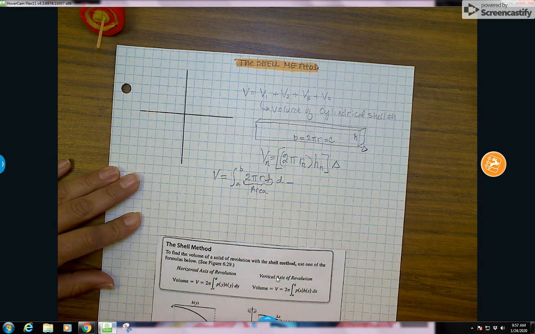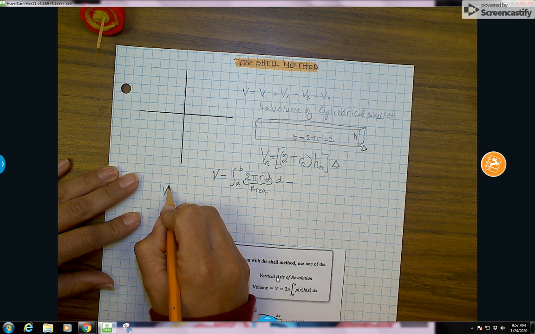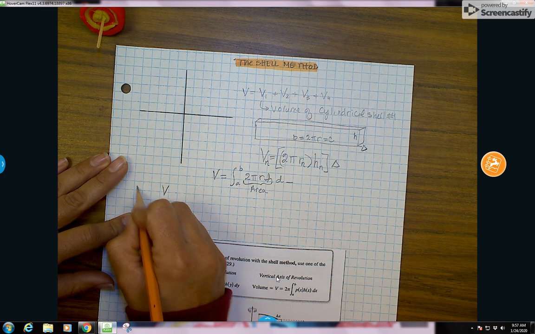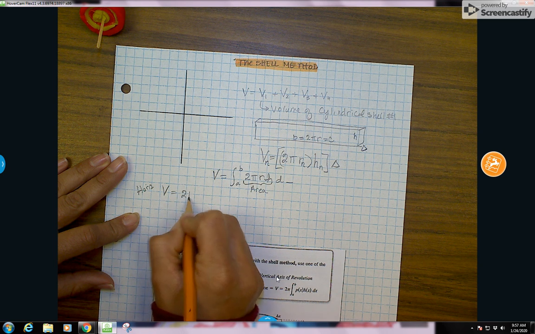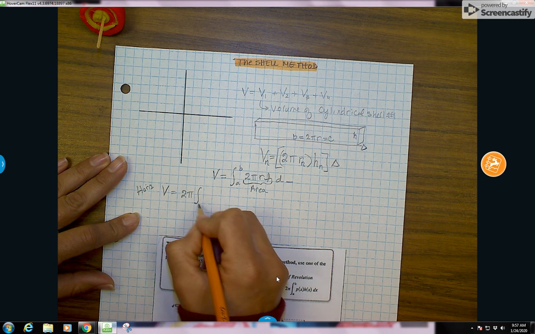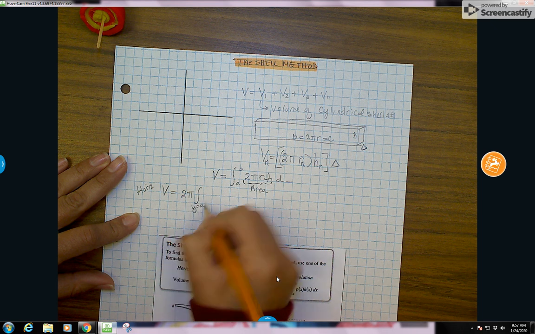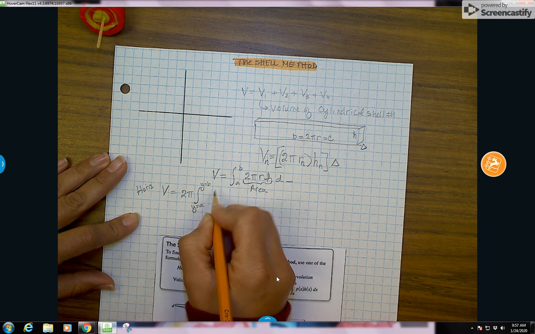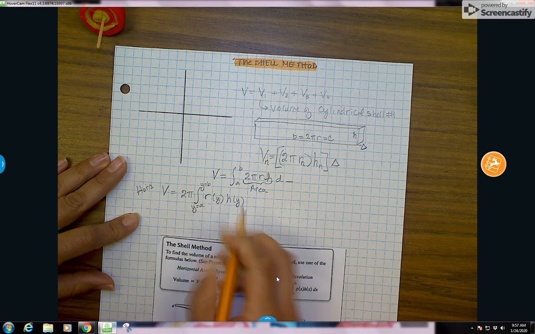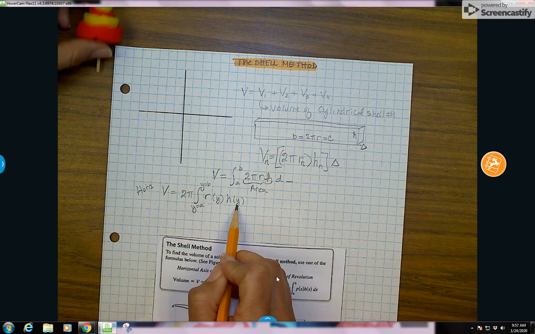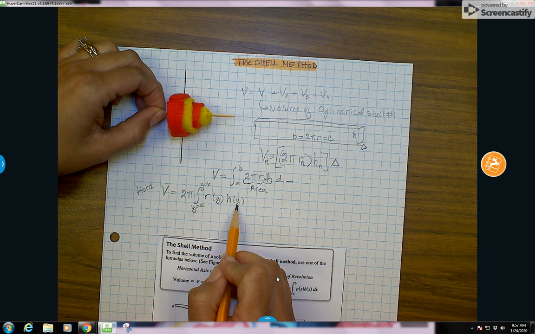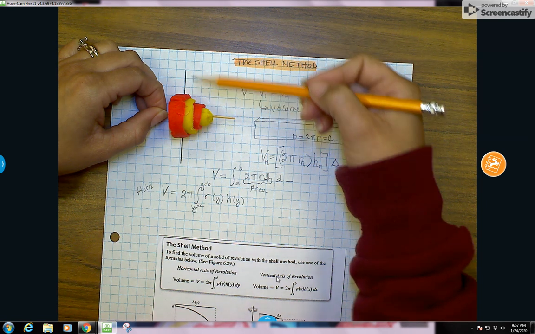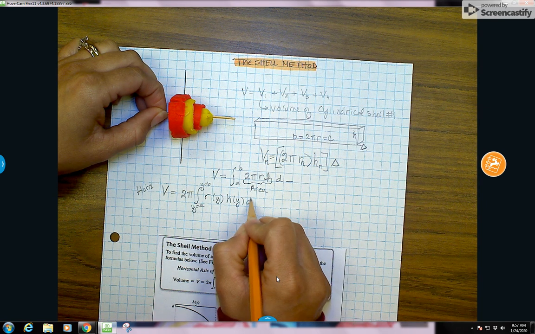So if it's rotated about a horizontal line, the volume is going to be, I'll factor out the 2 pi, the integral from y equals a to y equals b of r of y times h of y, because the radius and the height are going to be functions depending on what your y value is, dy.